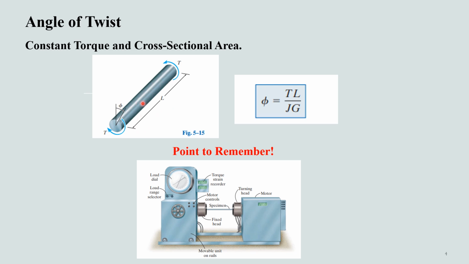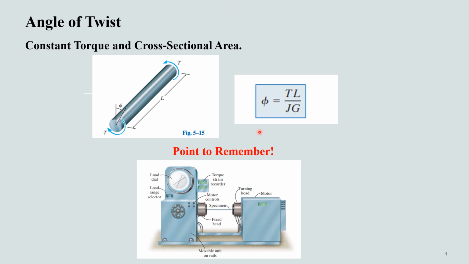If this is the case, then the previous expression for the angle of twist can be expressed in this form, in which we replace T of x with T and J of x with J. The similarities between this equation and that for the axially loaded bar that we developed in one of the previous lectures can be noted.